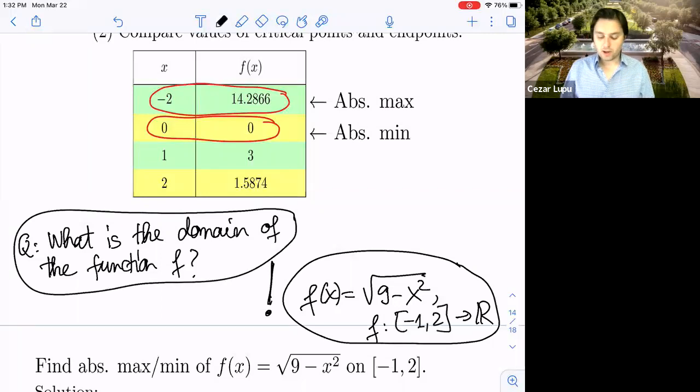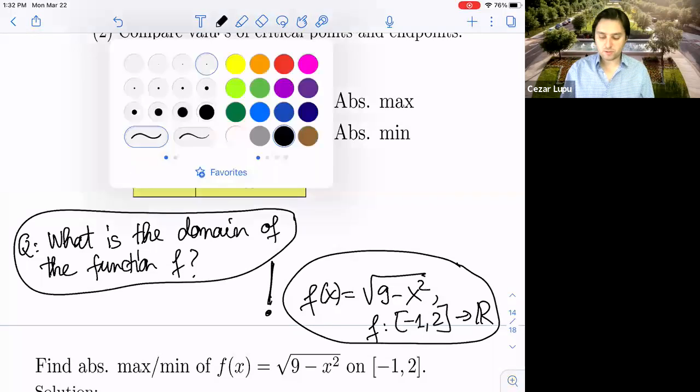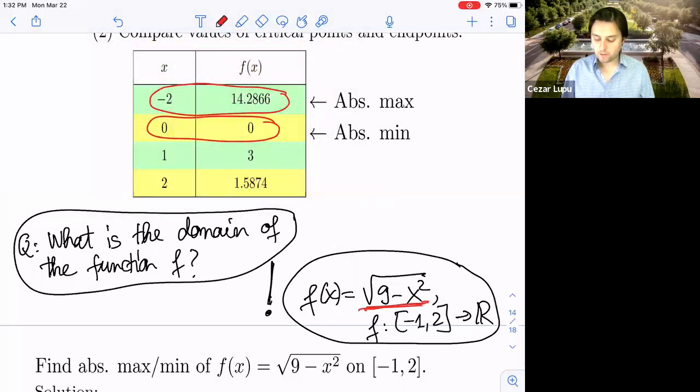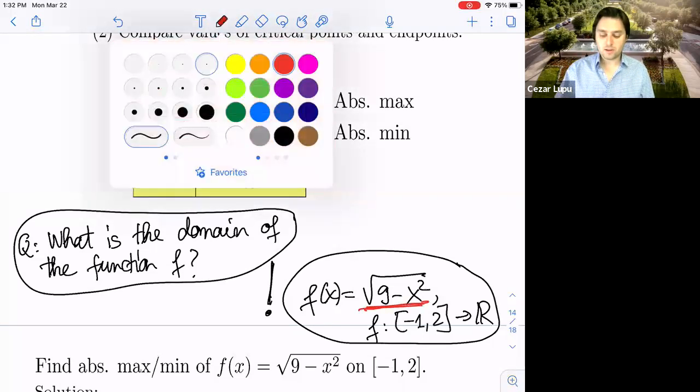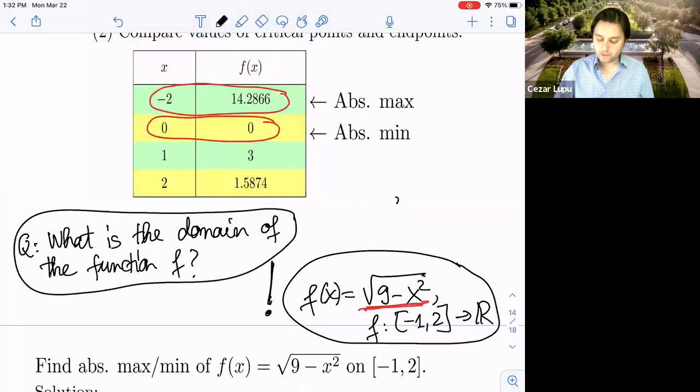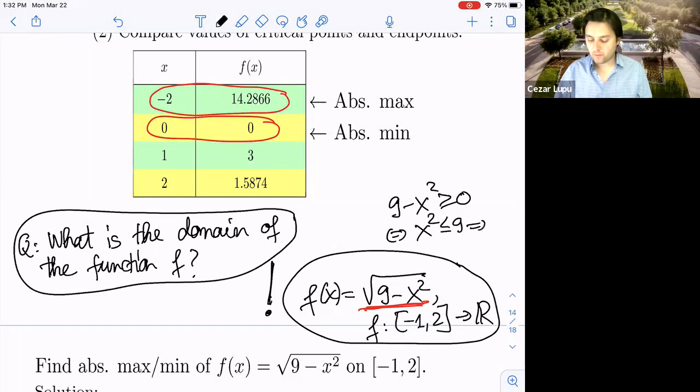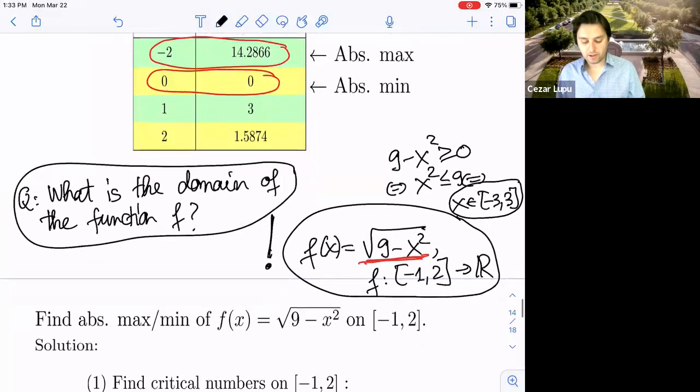Great. So since our function is defined in this way, we need to make sure that the quantity inside the square root, 9 minus x squared, is greater or equal than 0, which is equivalent with x squared less or equal than 9, or equivalent with x in this closed interval, -3 to 3. So that's the domain of the function.